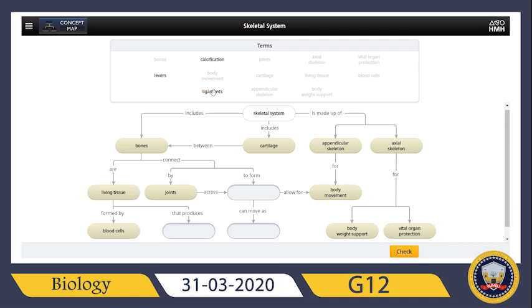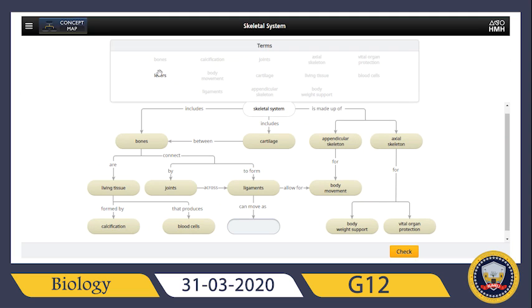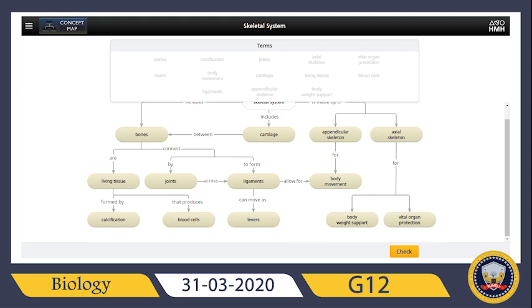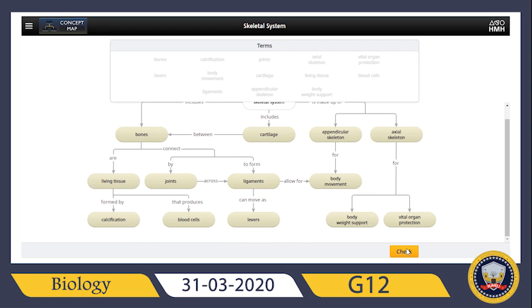Let's think together. Produces blood cells. Exactly. Formed by calcification. Exactly. To form ligaments. To move as levers. Exactly. So let's check this out if it's correct or not.